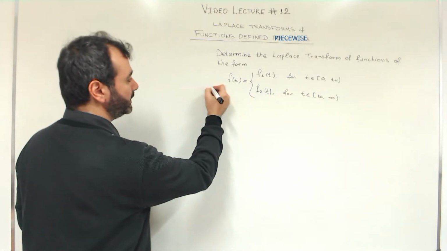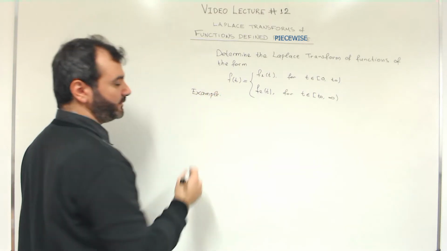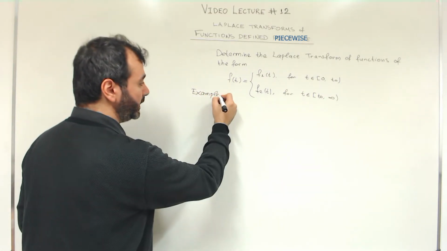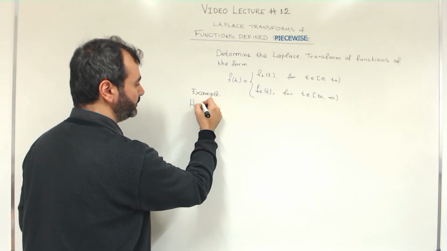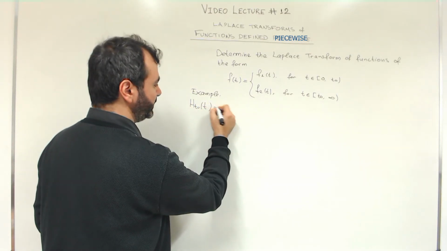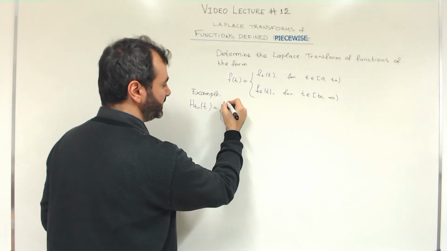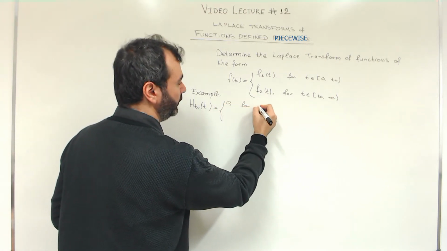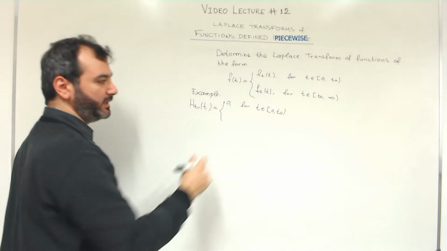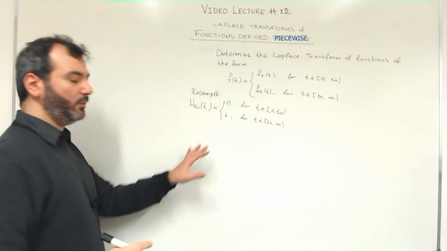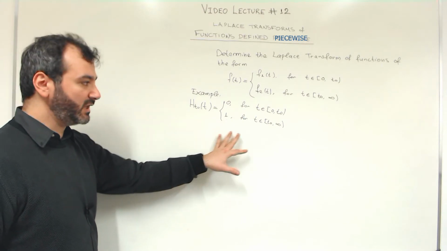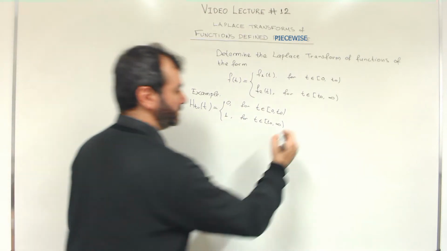An example of such a function we have encountered already is the Heaviside function, h t0 of t. This is a function which is equal to 0 for t between 0 and t0, and then 1. And of course we know the Laplace transform of this function.